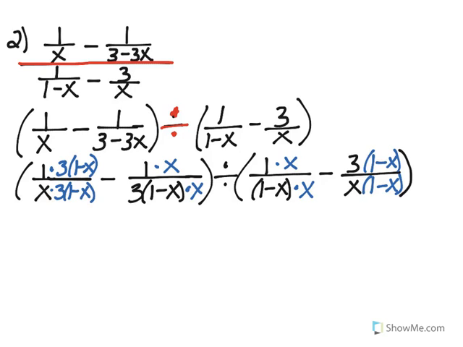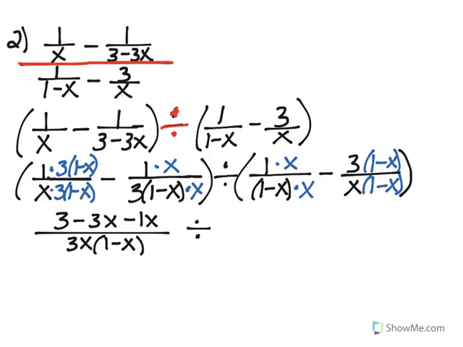Okay, our next step is going to be to combine it into one fraction. So we're going to get 3 minus 3x minus 1x over, and I'm going to just simplify this down, 3x times 1 minus x divided by x minus 3 plus 3x over x times 1 minus x.